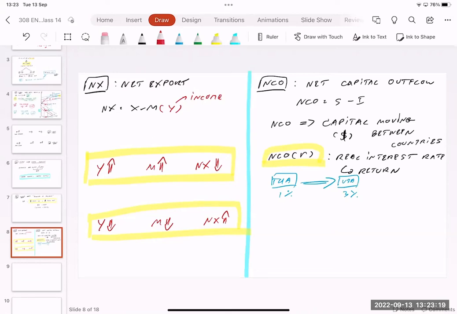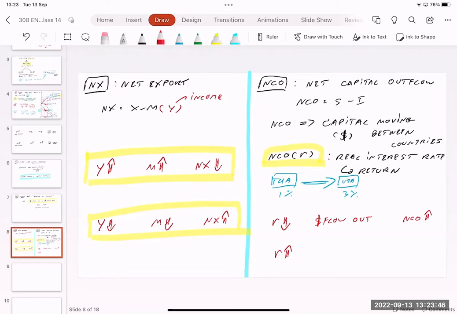So the relationship is going to be like this. When the real interest rate becomes lower, the return in our country is low. The money is going to flow out to the country that has a higher interest rate. When the money flows out, net capital outflow is going to be higher. On the other hand, if the real interest rate becomes higher, it means that the return in our country is high.